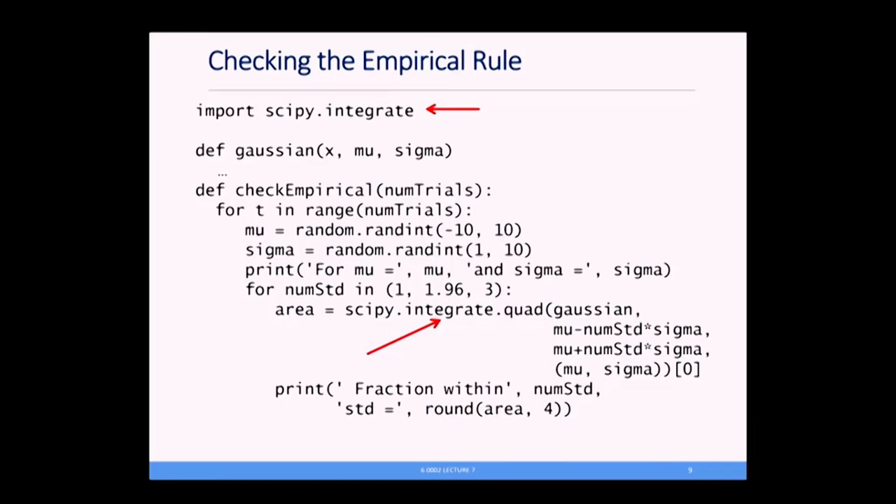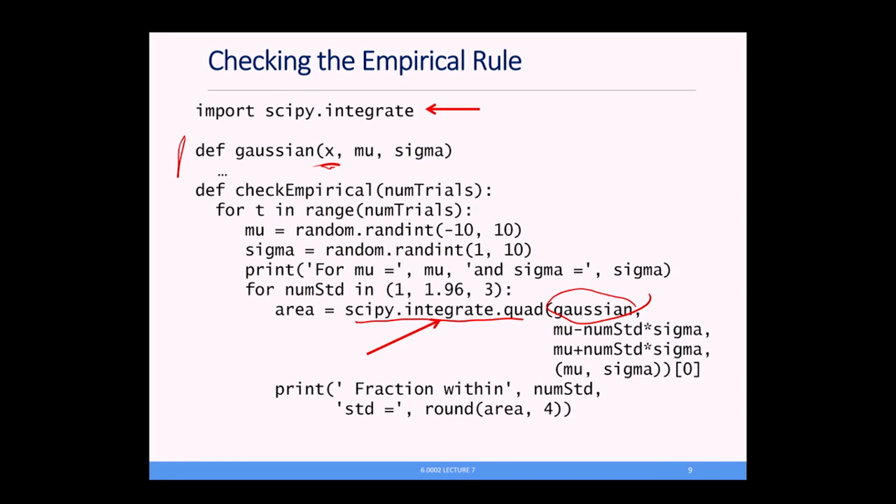So we start by importing scipy.integrate. That gives us all the different integration methods. I'm not going to show you the code for Gaussian since I showed it to you a couple of minutes ago, but I wanted you to remember that it takes 3 arguments, x, mu, and sigma. Because when we get down here to the integration, we'll pass it the function Gaussian, and then the values that we want to integrate over. So those will be the values that x can take on.